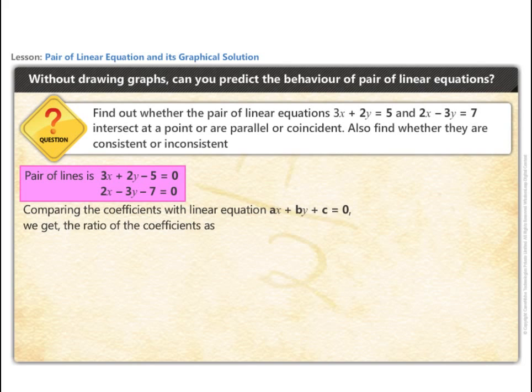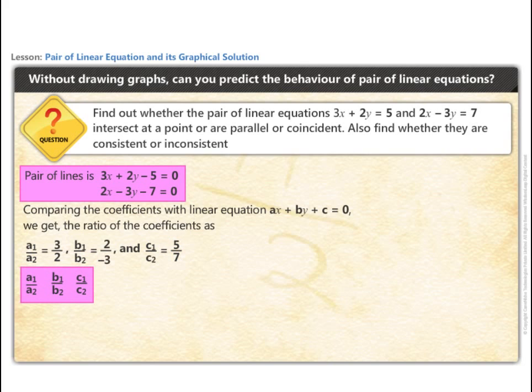Yes. To find this, let us compare the coefficients with the standard form of the linear equations ax + by + c = 0. Taking the ratio of coefficients, we find a1/a2 is equal to 3/2, b1/b2 is equal to 2/(-3), and c1/c2 is equal to 5/7.